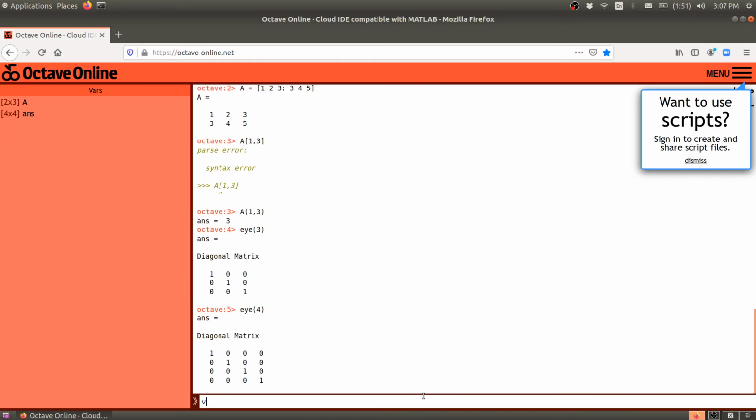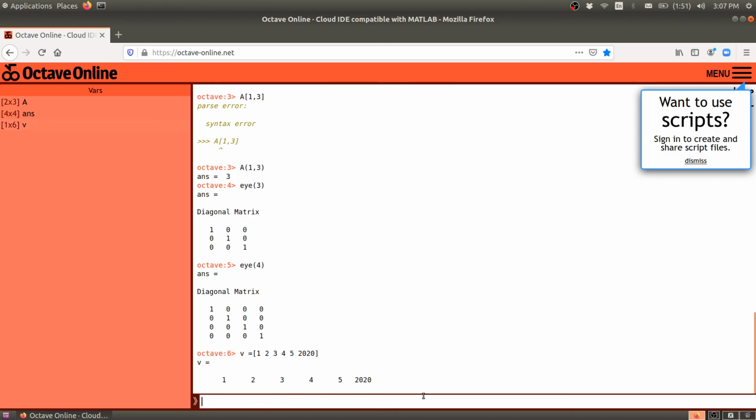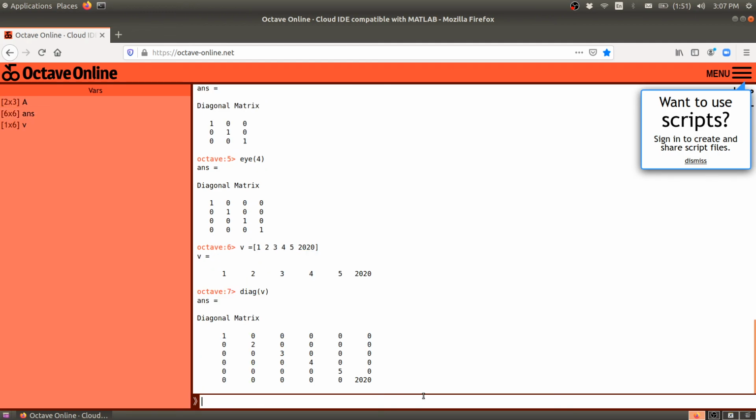Let's say I take my vector V to be 1, 2, 3, 4, 5, and 20, 20. And so I'm getting a 1 by 6 matrix, and now I will ask for the diagonal matrix with V. So there I have now a diagonal matrix, where my entries are 1, 2, 3, 4, 5, and 20, 20.